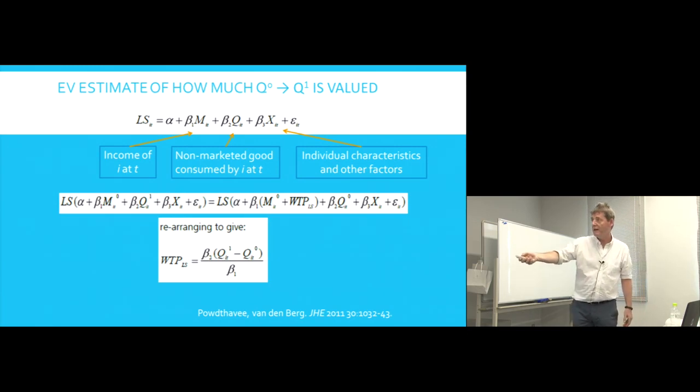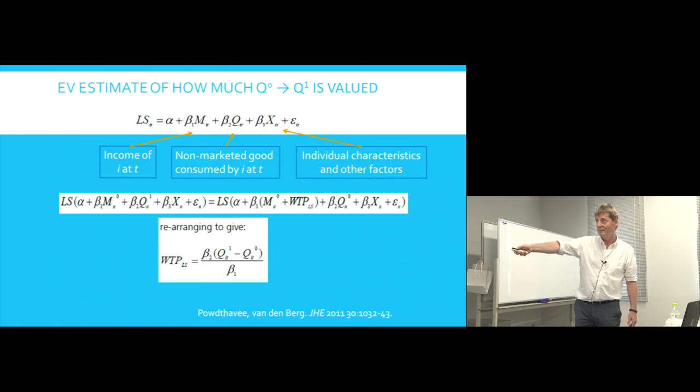So if we compare the two sides of this equation, there's life satisfaction given a particular income, given a particular level, Q1, of the non-marketed good, and given your personal characteristics. There's a life satisfaction here where it's the same income, but some payment here.